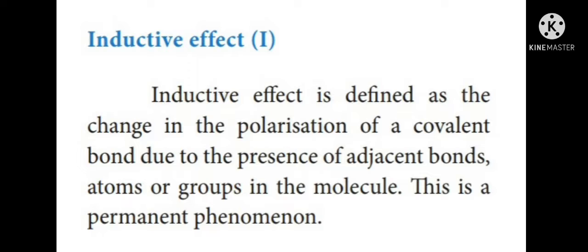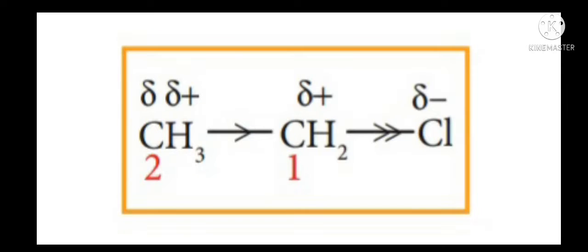This inductive effect is explained by taking two examples, namely ethane and ethyl chloride. In ethane, the carbon-carbon bond is nonpolar, whereas in ethyl chloride, the carbon-carbon bond is polar. It is explained here. In ethyl chloride, we already know that chlorine is more electronegative than carbon.